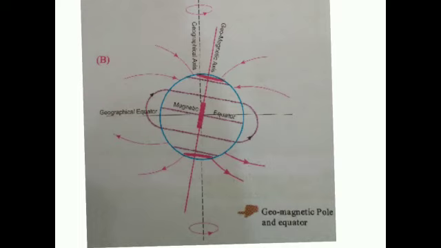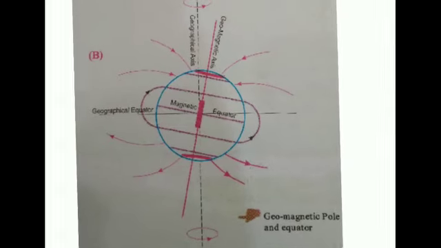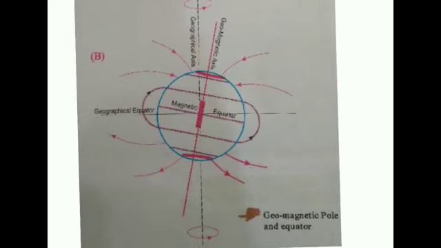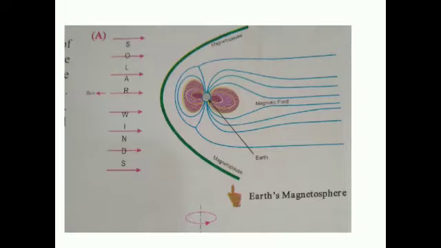You can see here how a geomagnetic field is generated in Earth's core. This one is a magnetic field, and this protects us from solar winds coming towards our earth. Because of what? Because of outer core.